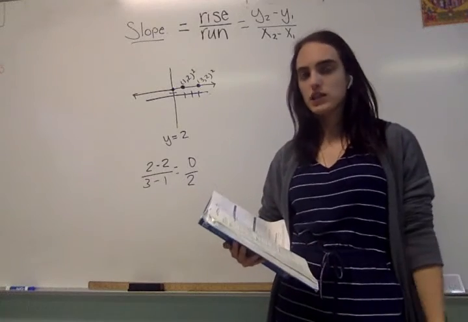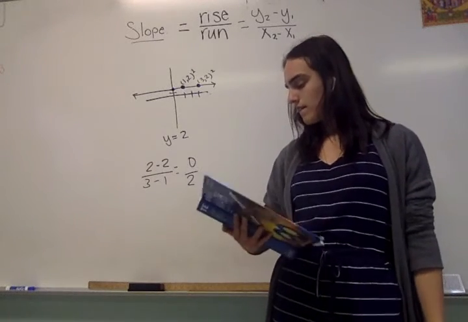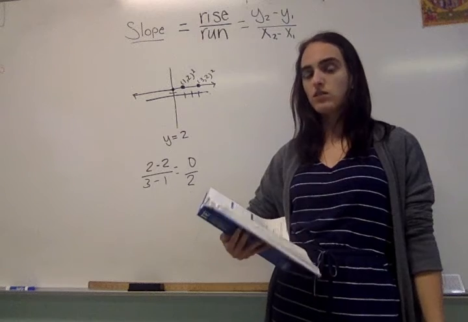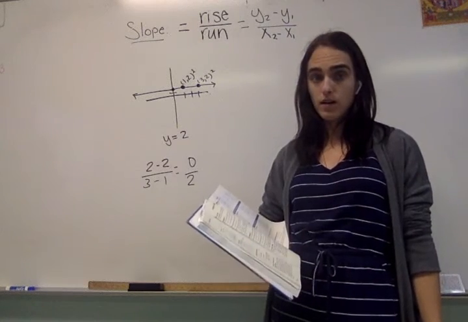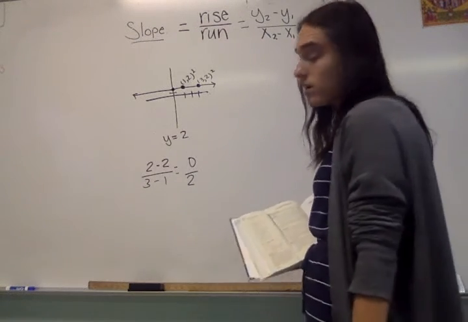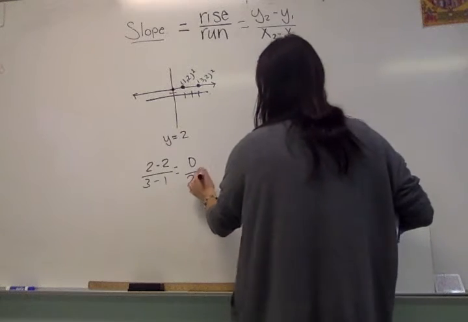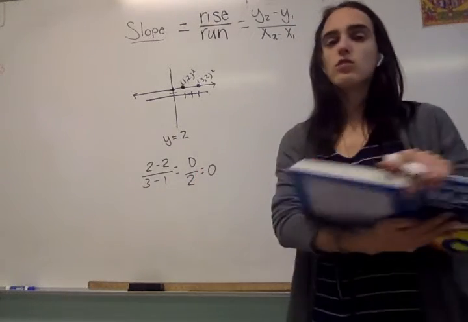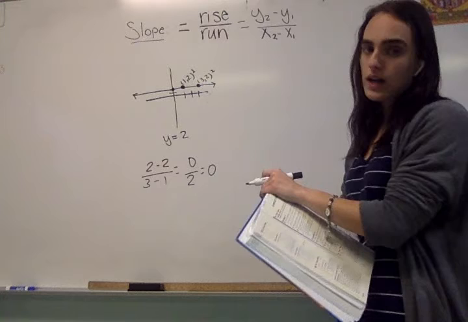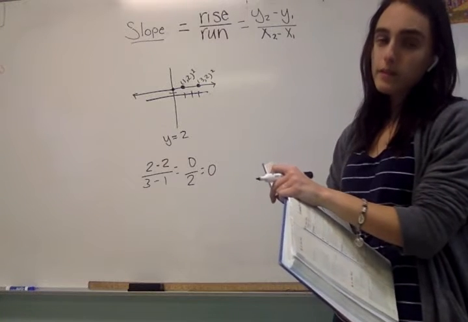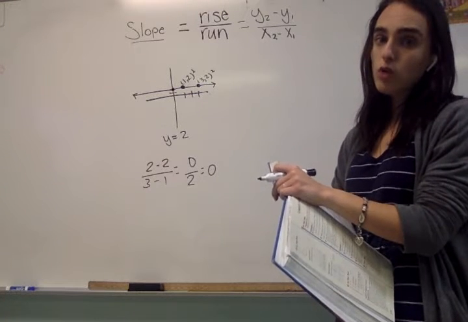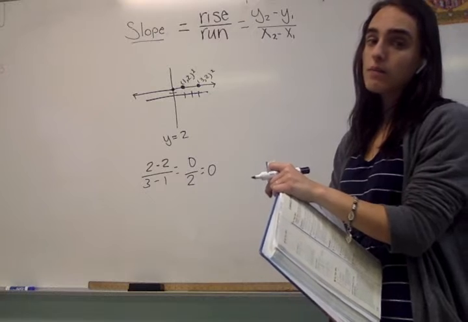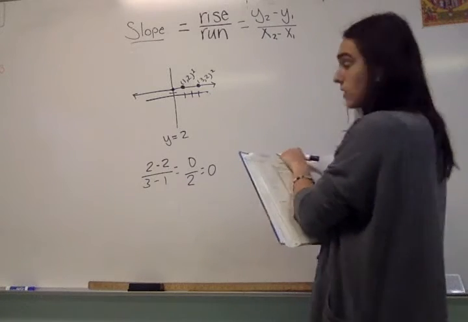Now, in fractions, if you have 0 over a number, your answer, when you simplify it, is 0. The slope of a horizontal line is always 0.